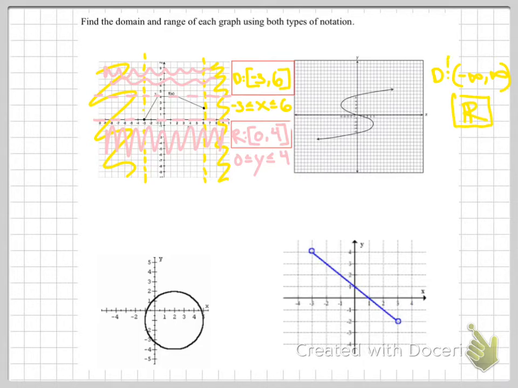So here's 2 answers that mean the same thing for domain. And then if you love inequality notation, you could also do -infinity less than, because it's not included, x less than infinity. That's your 3rd way to write the same answer. You get to choose the way you like the best.